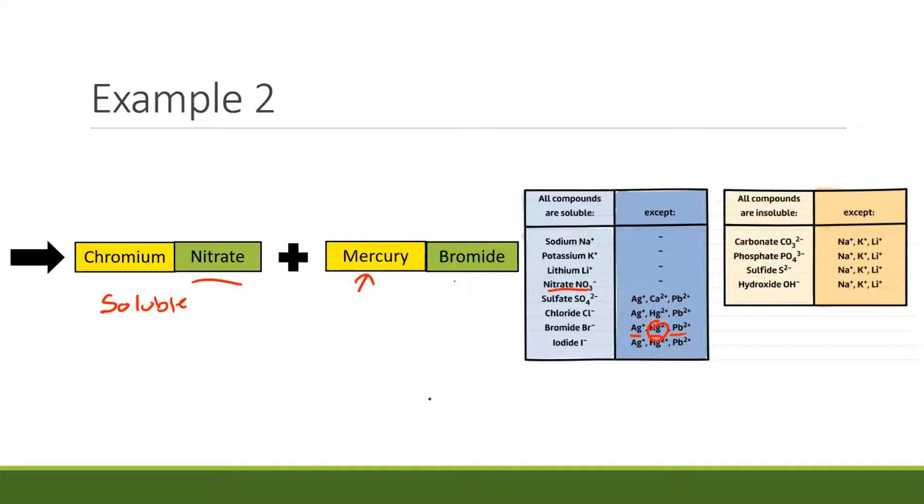Now, if you weren't aware, mercury is Hg, silver is Ag, and lead is Pb. So if you're not familiar with what those are, that's what those are here. They're all silvery metals.